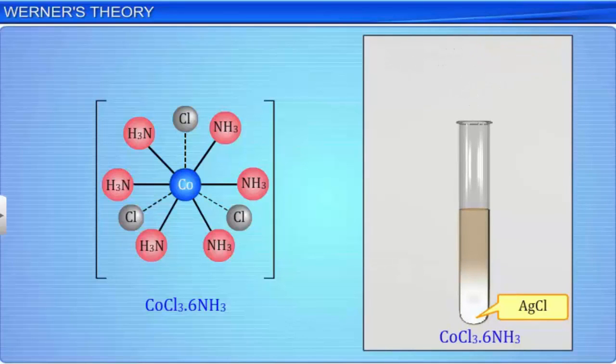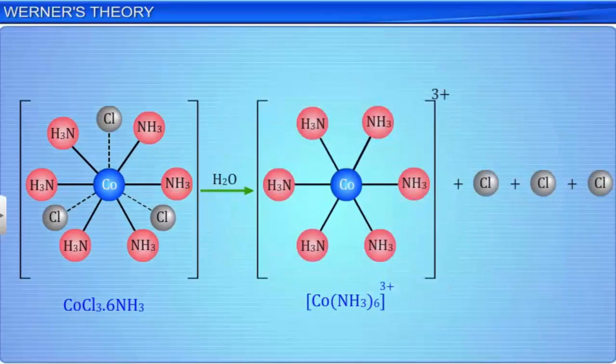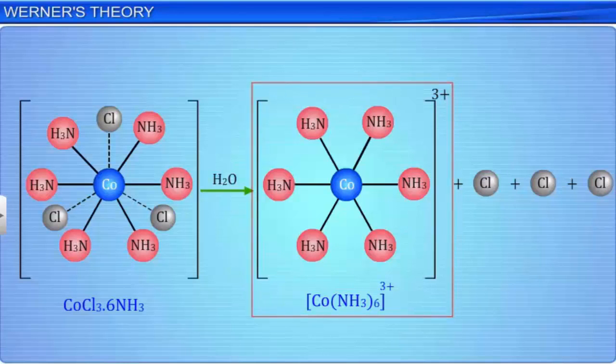Thus, the complex will ionize in solution and give 4 ions. That is, 1 [Co(NH3)6]3+ ion and 3 chloride ions.